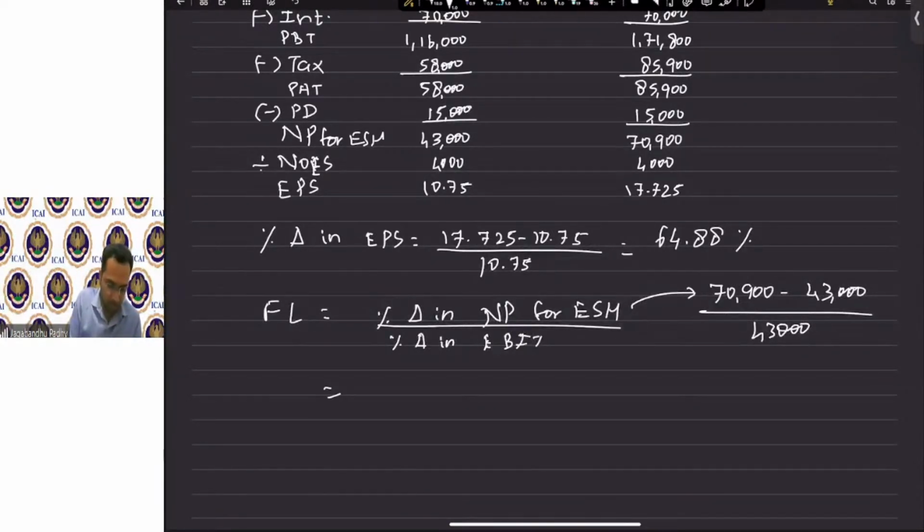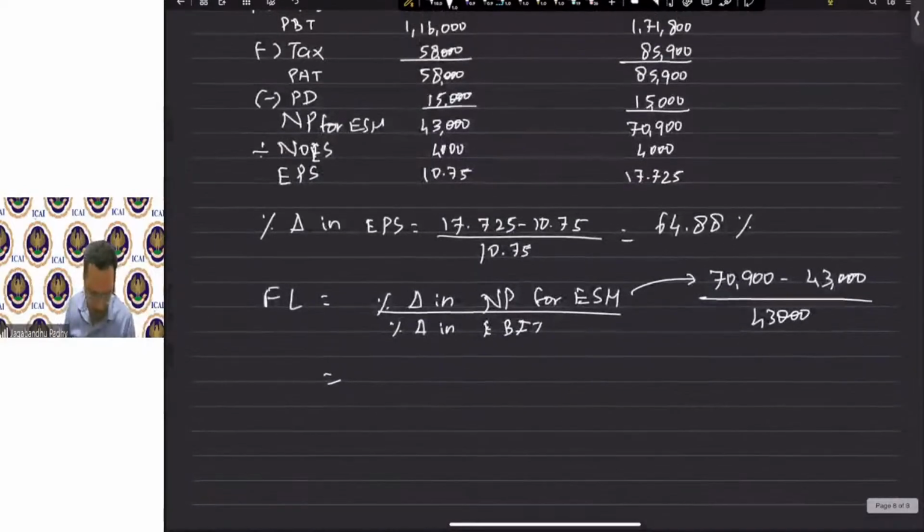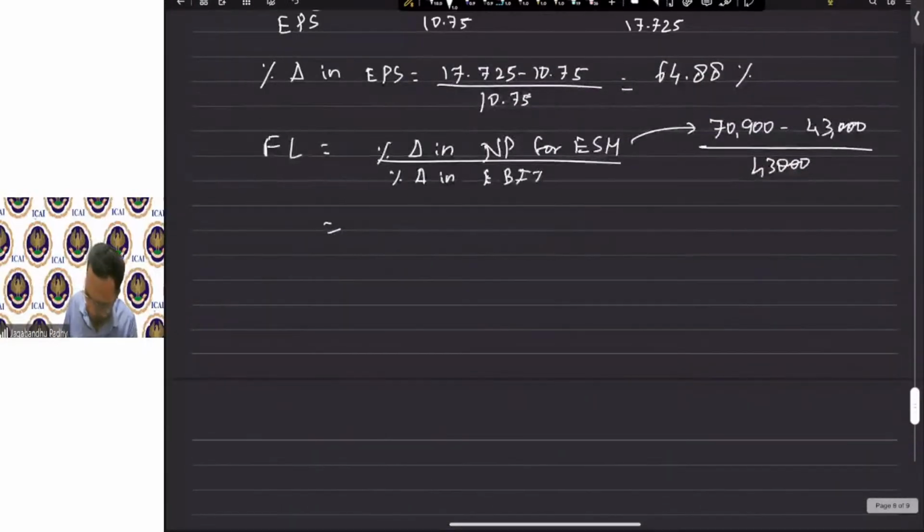That is 27,900 divided by 43,000, which is 0.6488, or 64.88%.